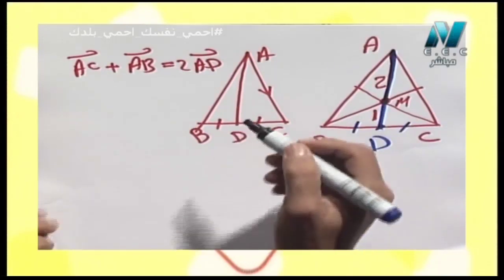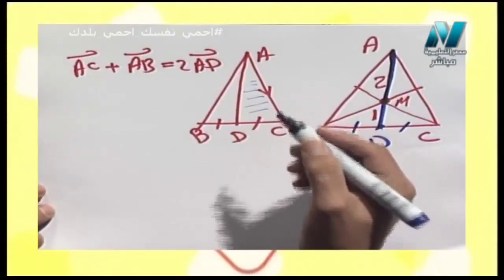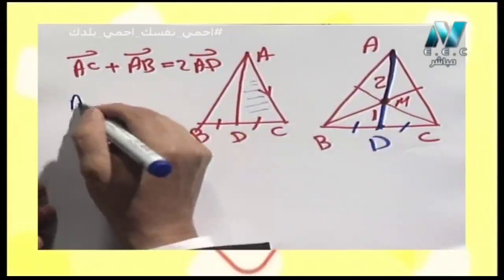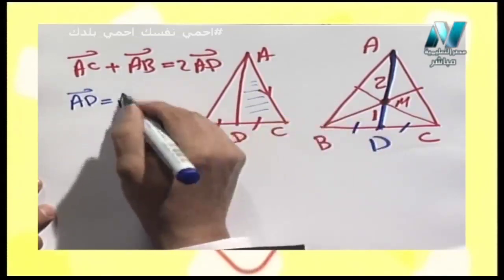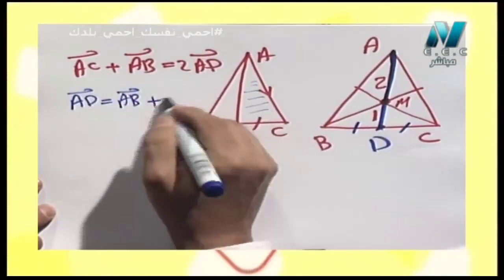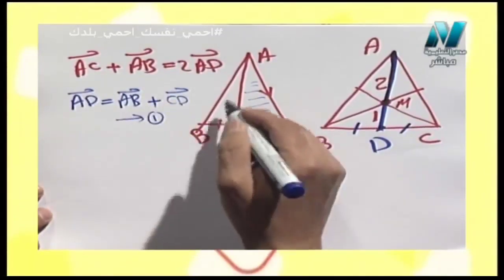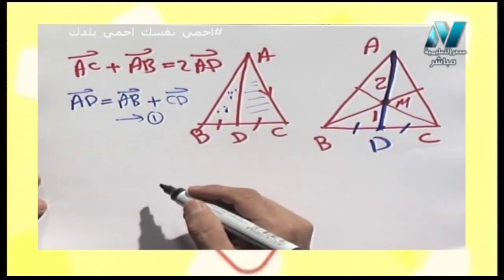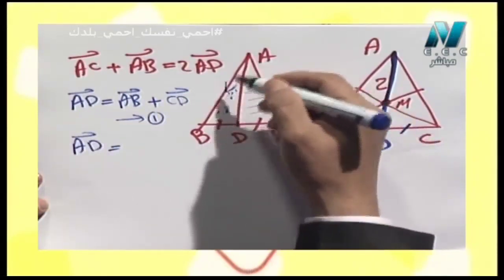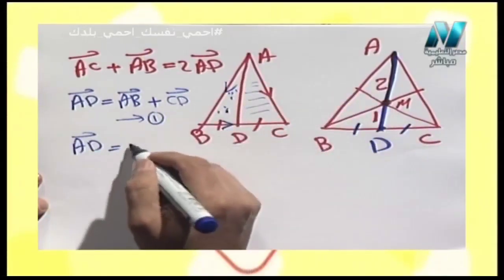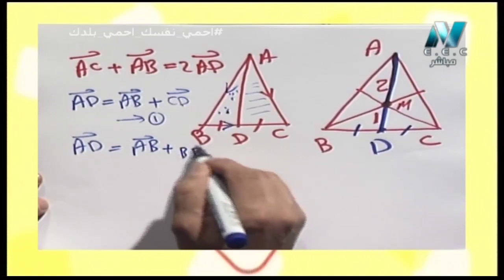We have here two triangles. This triangle, we know that the vector AD equals the vector AC plus CD. This is number one. And this triangle, the vector AD also equals the vector AB plus the vector BD.